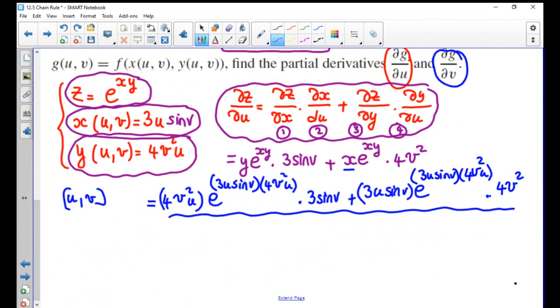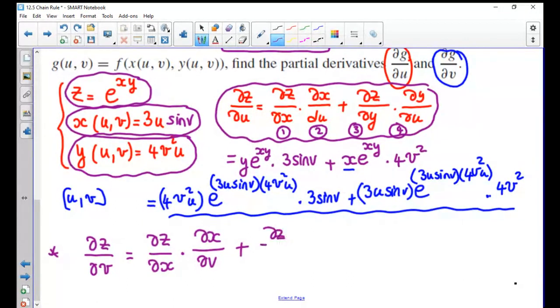So now if you want dz over dv, then the chain rule says that it's going to be dz over dx multiplied by dx over dv, plus dz over dy multiplied by dy over dv.